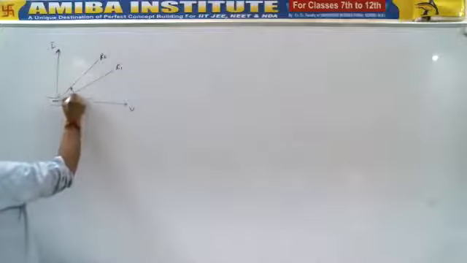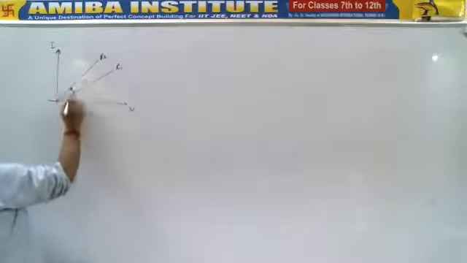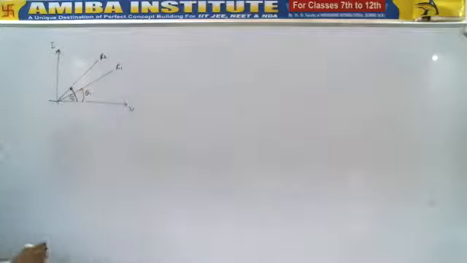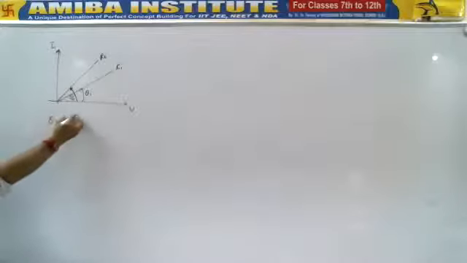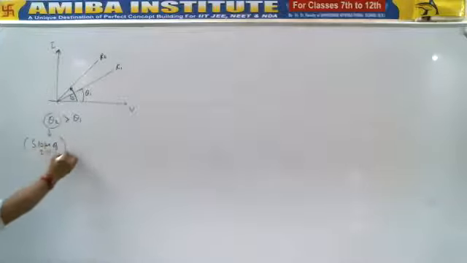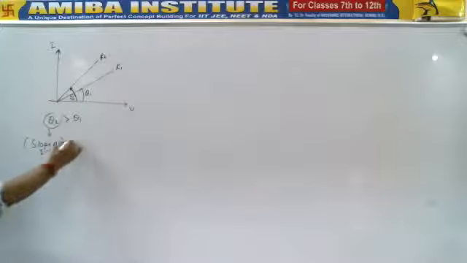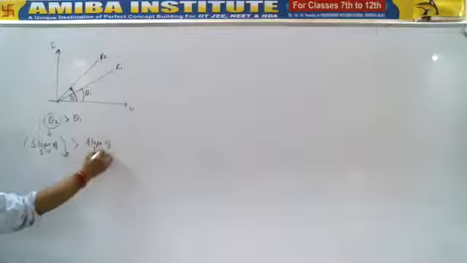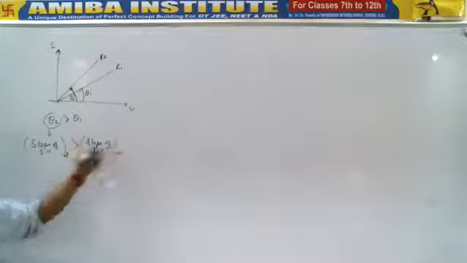So this angle, which R2 is making, is called theta 2, and the angle made by R1 is called theta 1. Clearly, since theta 2 is greater than theta 1, and I know that angle always represents the slope, which slope? Here I is on the y-axis, so slope of IV. So the slope of the IV graph for the second is greater than the slope of the IV graph of the first.